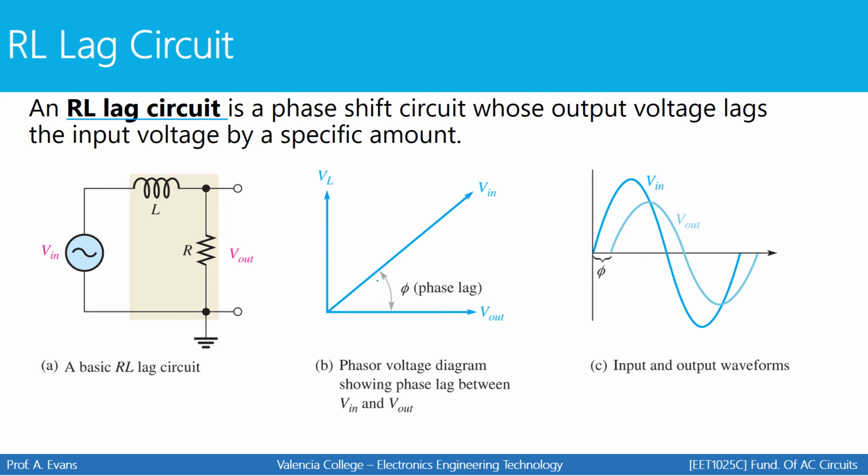So when we draw a phasor diagram showing the voltages, here's our output voltage across R, the input voltage will be leading, and your inductor voltage will be here, forming a 90-degree angle between your inductor and output voltages. And then if we were to draw a graph of the input and the output, you would see that the output lags by some amount we call phi. That's your phase shift.